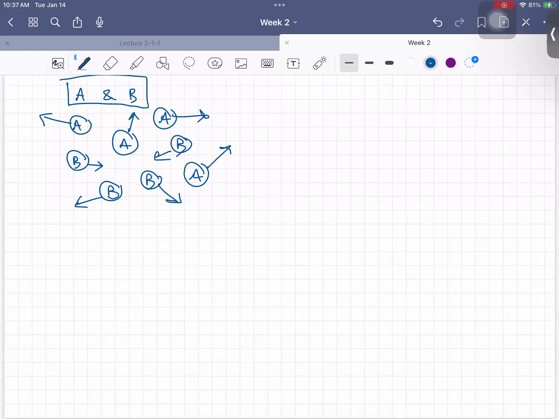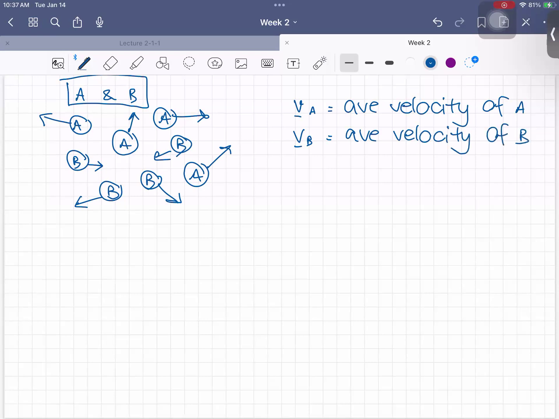In this case, we're going to have velocity V_A, which is the average velocity of A, and velocity V_B, which is the average velocity of B, and also V, which is the mixture velocity.